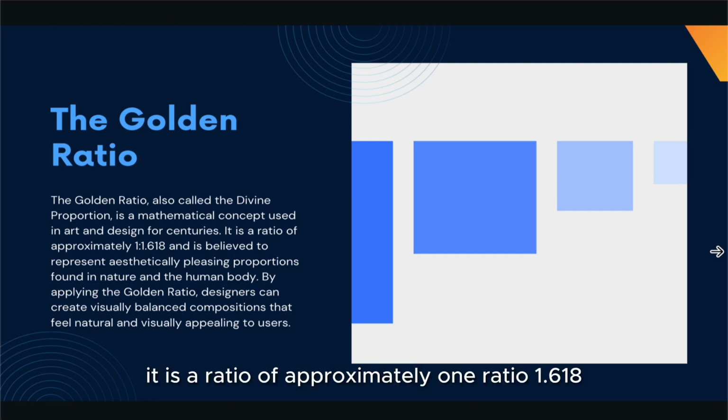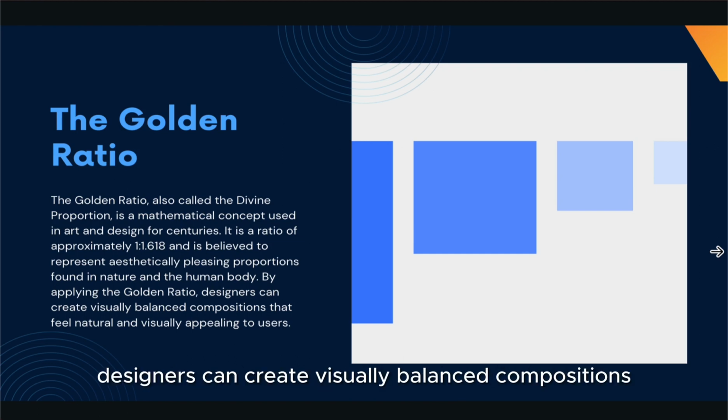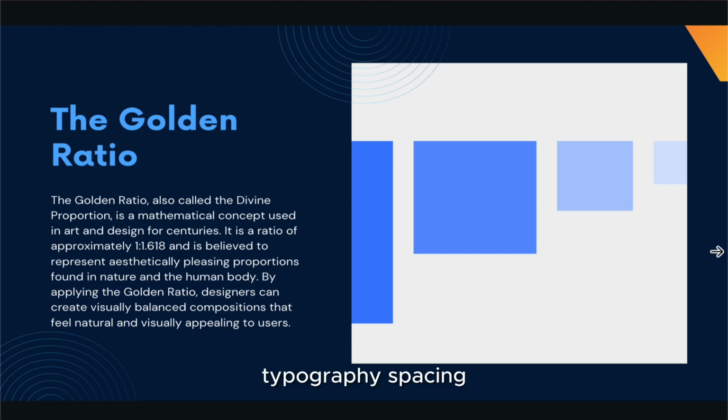It is a ratio of approximately 1:1.618, and it is believed to represent aesthetically pleasing proportions found in nature and the human body. By applying the golden ratio to design, designers can create visually balanced compositions that feel natural and visually appealing to their users. So you can use the golden ratio in button placements, image sizing, typography spacing, and even your margins.